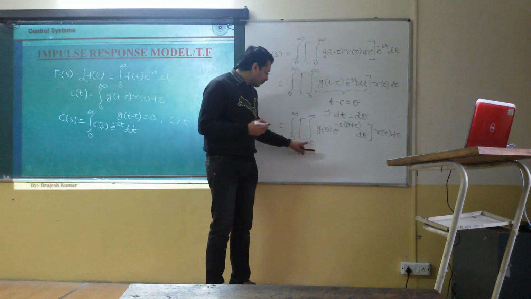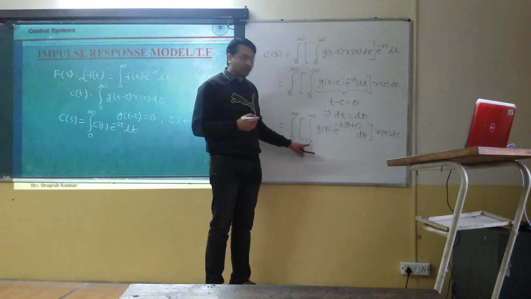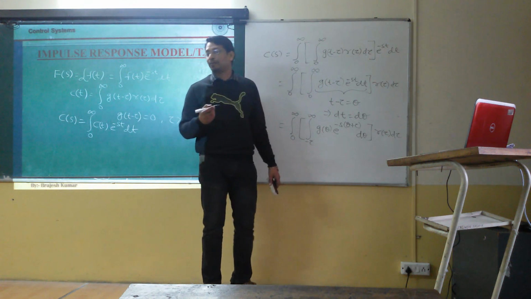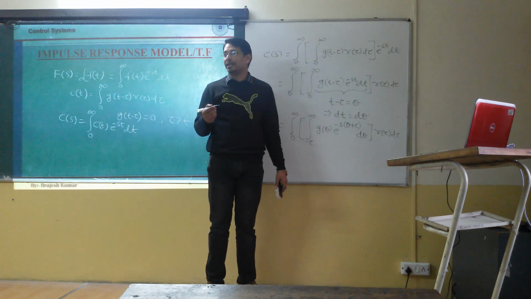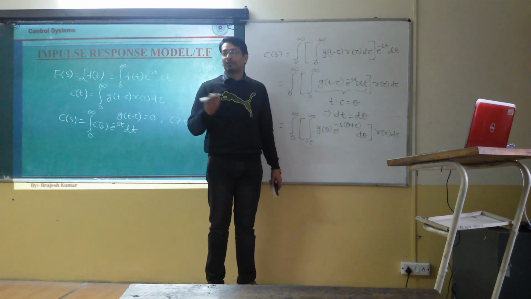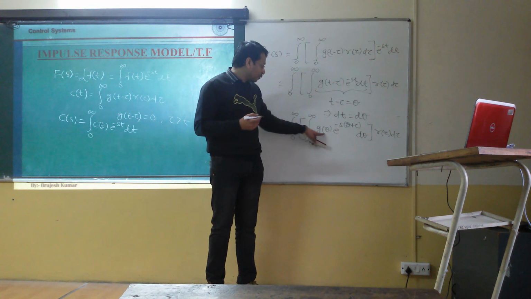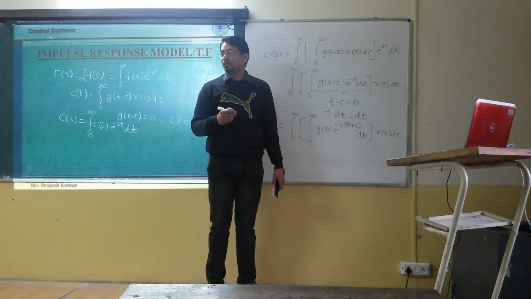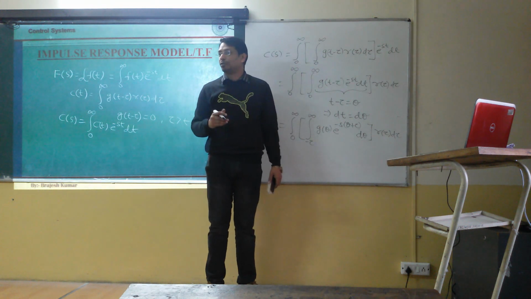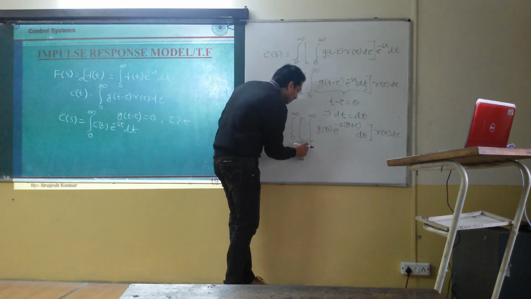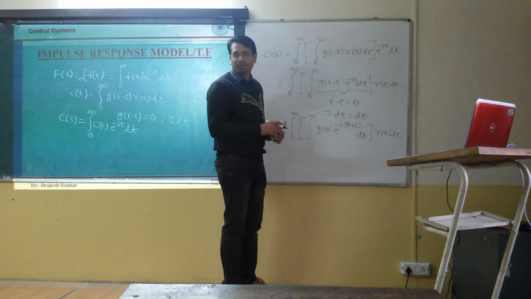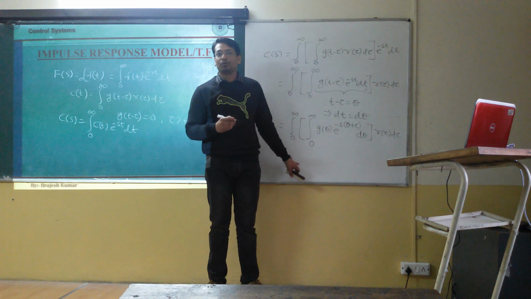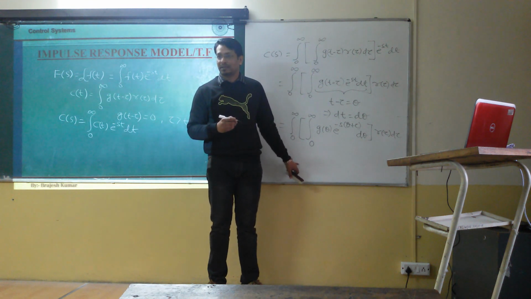Tau is the integration variable, and by convention the integration variable is taken as a positive quantity. Whatever you put in the argument, if the value of that argument is less than 0, the whole term is going to be 0. So instead of starting from minus tau to infinity, I am going to start from 0 to infinity, and it is not going to change any analysis. Correct or wrong?